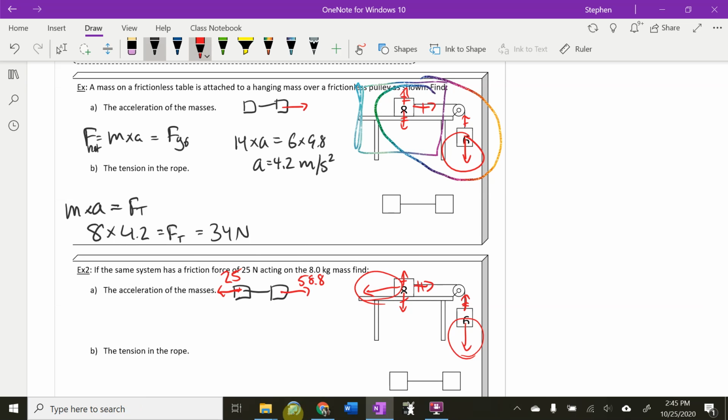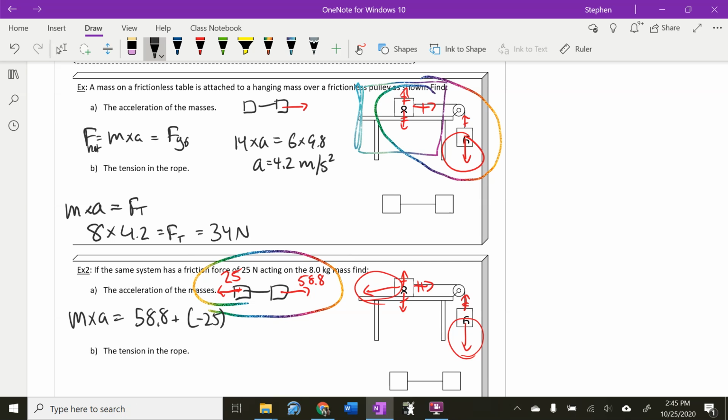So if we want to solve for the acceleration, we have the total mass times the acceleration of the total system, again looking at the entire object, equal to the sum of our forces. The sum of our forces is going to be 58.8, this gravitational force to the right, plus negative 25, which is our friction force to the left.